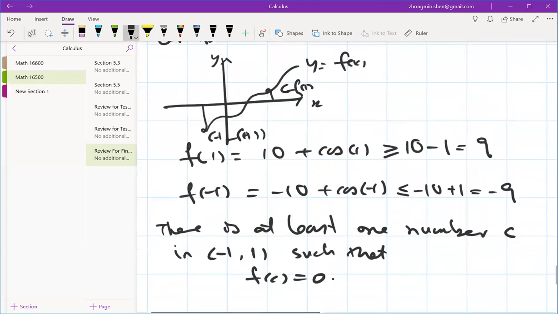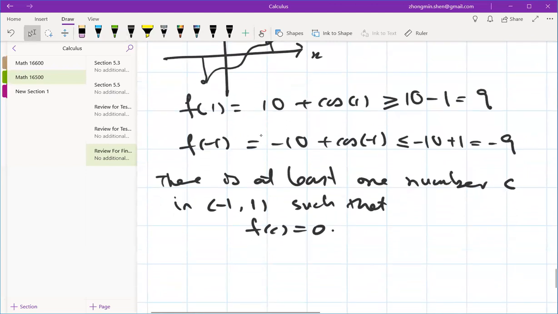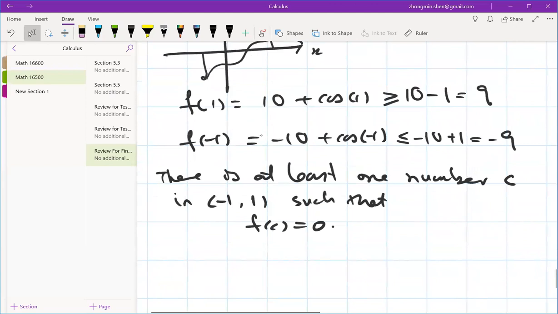So one end is positive, the other one is negative, then somewhere between them, there's the x-intercept. All right. But on the other hand, the derivative f'(x) is going to be 10 minus sine x, okay, which is greater than or equal to 9.